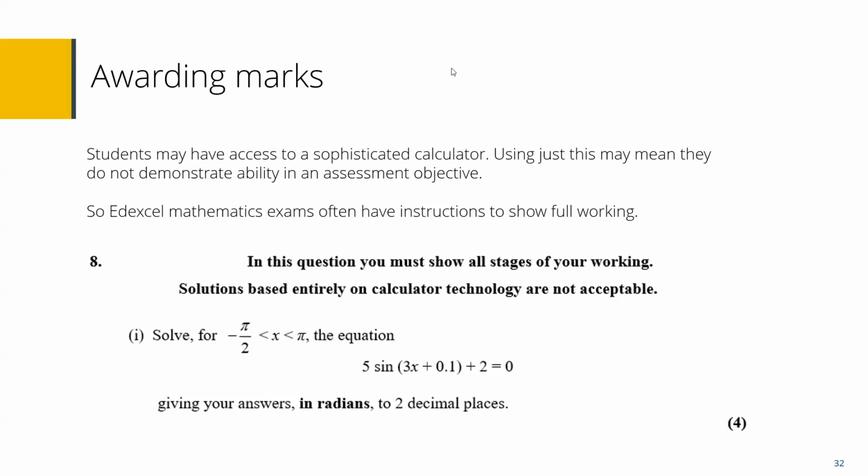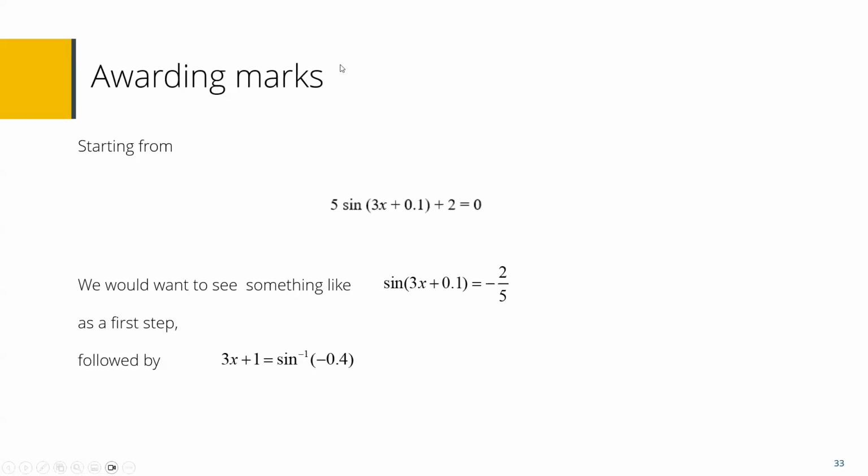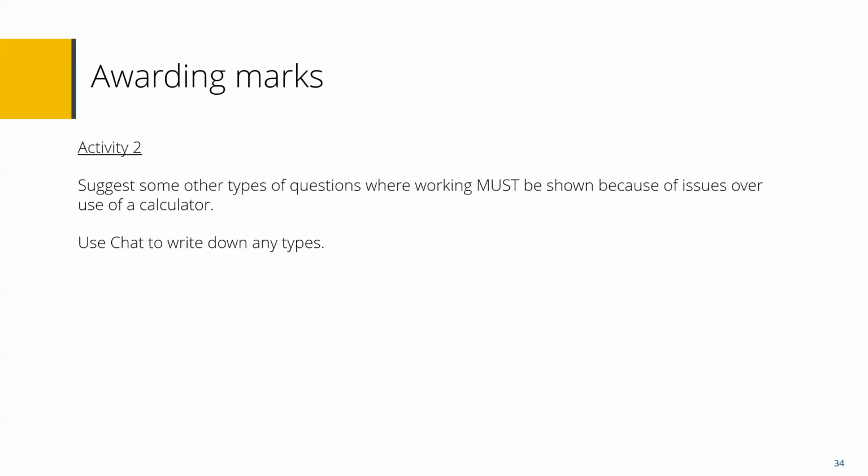So what I'd like to do again is give you a minute to think and write down any other topics where the calculator may cause issues. Do you know of any other topics where, if they use the calculator, they can get the final answers, but then lose marks for not showing the working? Please use the chat here.